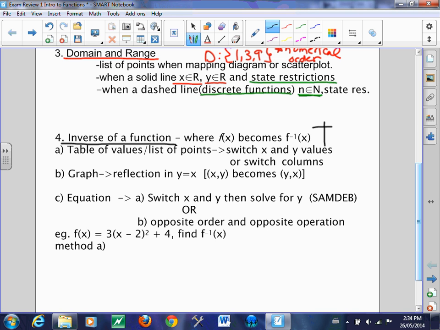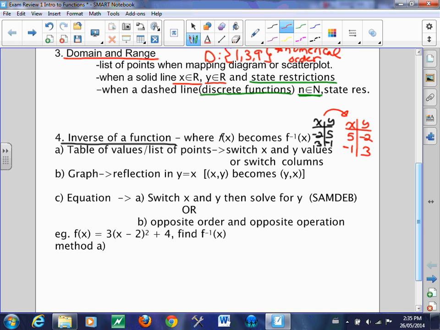If I write down, hopefully I can fit it in here, -2 and 5 and 3 and -1. If I want to do the inverse, you switch x and y values. So instead of -2 and 5, it's going to be 5 and -2. Instead of 3 and -1, it's going to be -1 and 3.